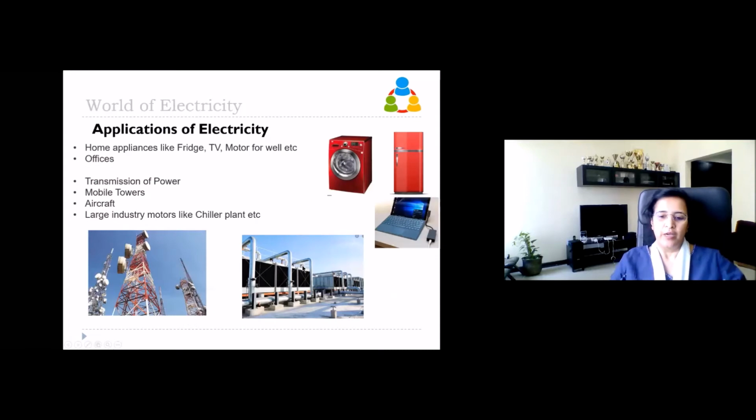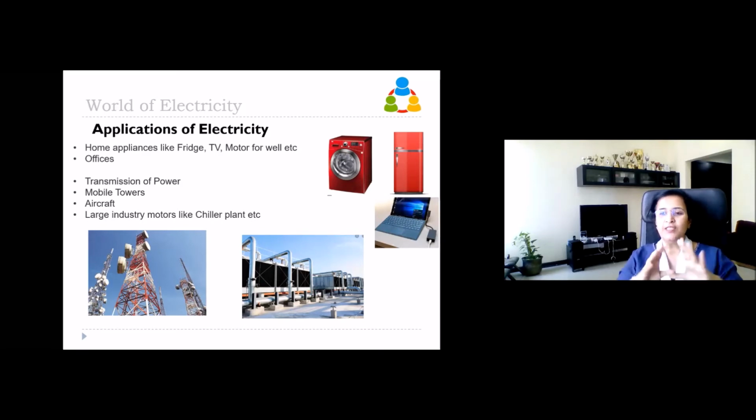Now, we go to the next concept. In our home, the electricity power requirement is small because our washing machine is small, our fridge is small, or our laptop is small. But when it comes to industrial applications, for example a chiller, like in Lulu, the air conditioning cannot be small window ACs or split ACs like in your home.